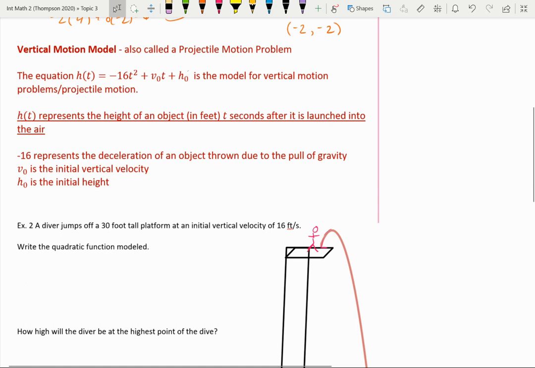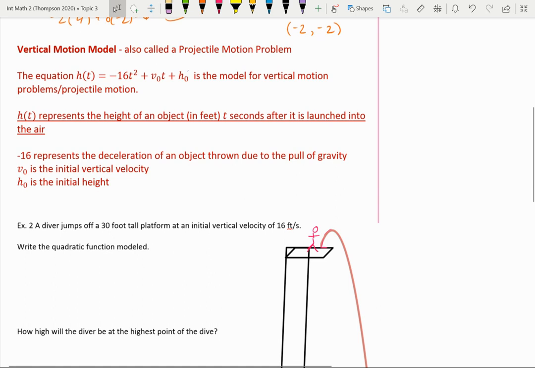You could also think of maybe if you are standing on top of a ladder and tossing water balloons up in the air and then watching them crash on the concrete. That would also create the shape of a parabola.